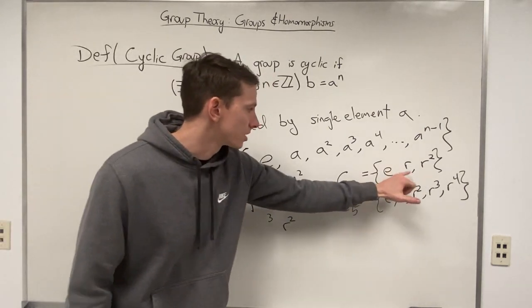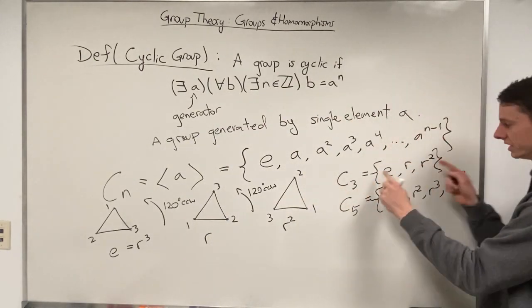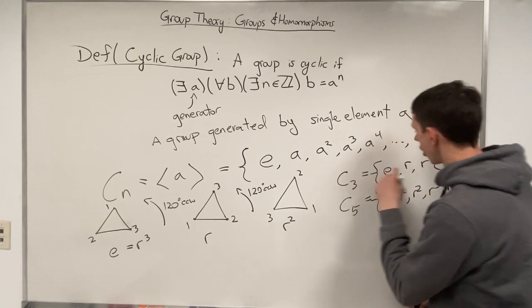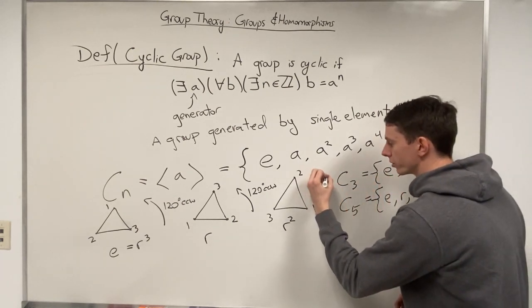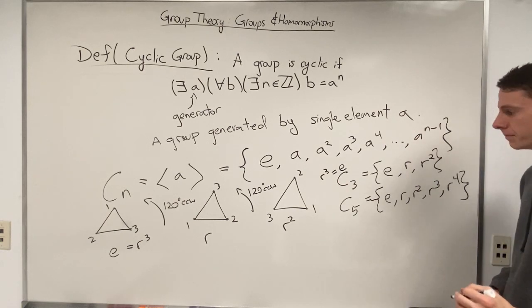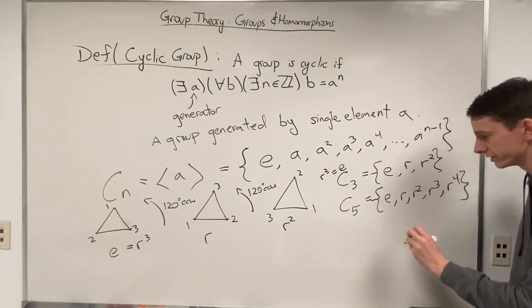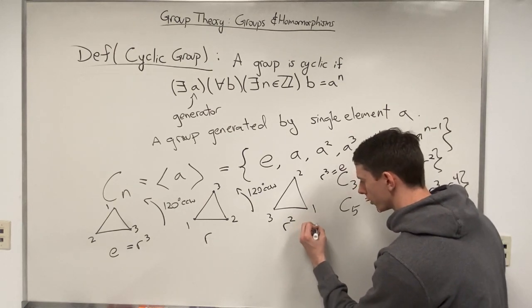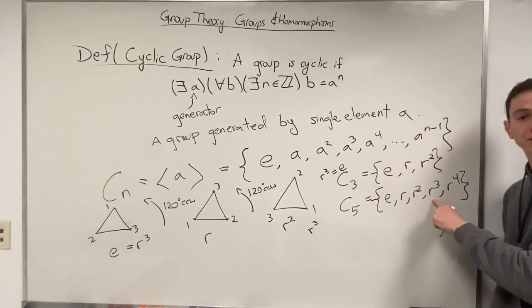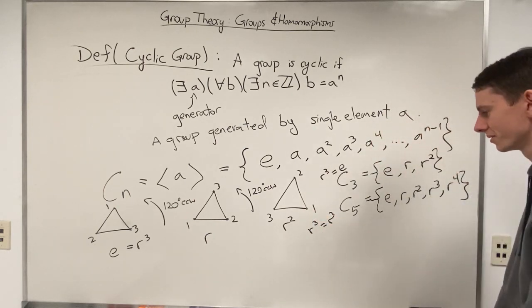Here, in this top example, C3, this R has the property that when we raise it to the 3rd power, we get the identity element. But R down here in the group C5 has the property that if we take R 3 times, we just get back R cubed, which gives us the trivial statement R cubed equals R cubed.